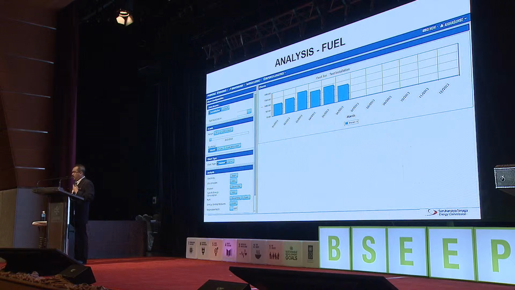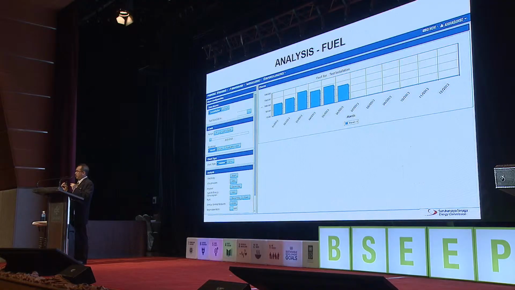Fuel, if they have other fuel than electricity, we can also monitor, and with this we can also build our data for the national energy balance. When we produce complete data, with all the stakeholders who provide the data having verified the document, with that data we report to the IEA, APEC, or the United Nations.